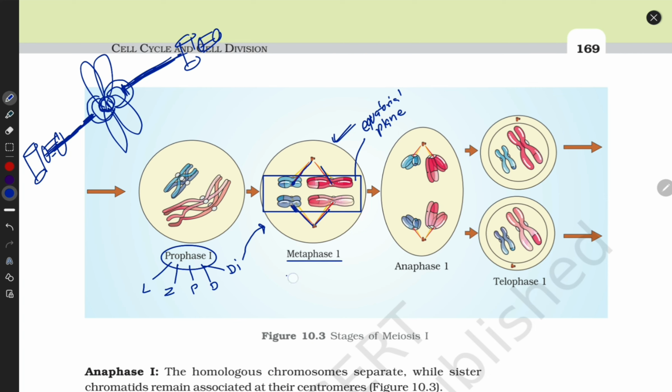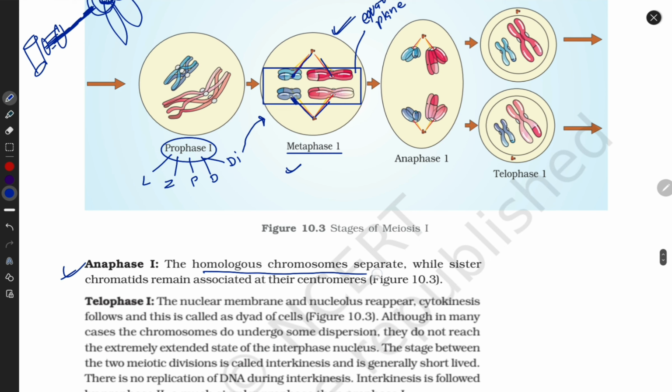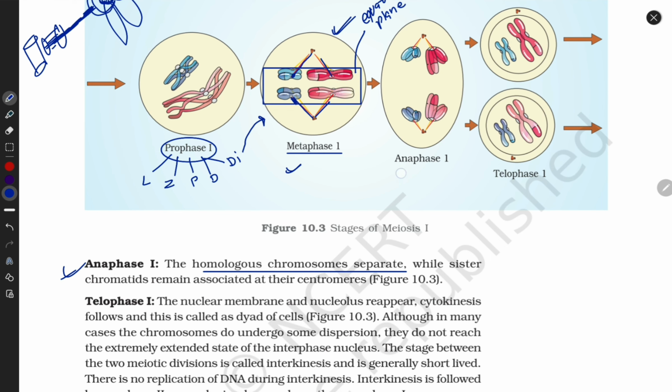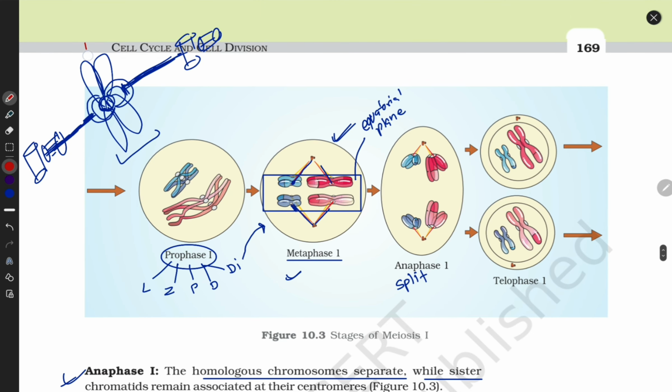Now, what happens after metaphase? The homologous chromosomes separate, while sister chromatids remain associated at their centromeres. This is the homologous pair, and this part moves to this side, and the remaining part moves to this side.